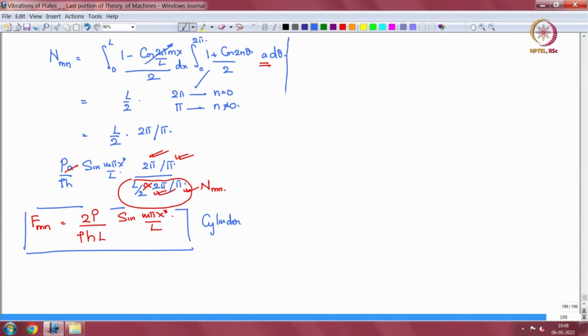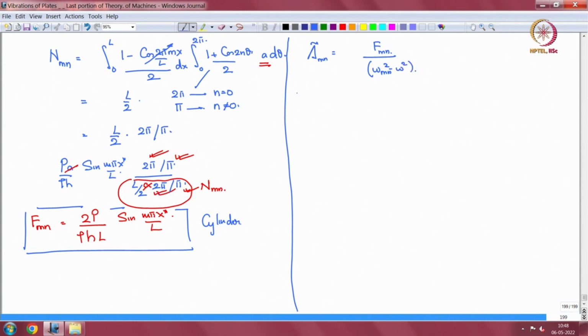Now from here we have to get to this lambda tilde mn, which is Fmn by omega mn square minus omega square.